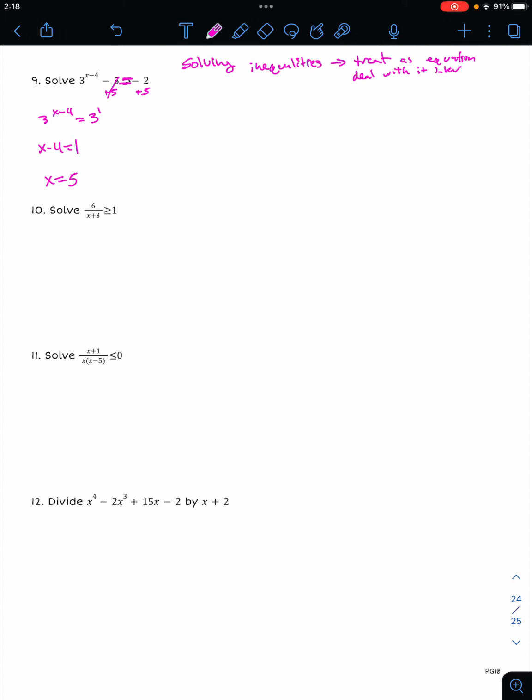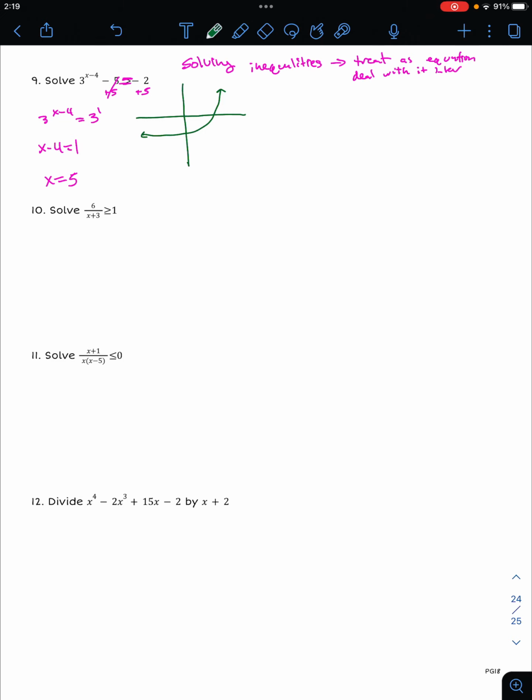Great, but now we need to think about our inequality. So method number 1 here is imagine the graph. 3 to the x minus 4, that's an exponential curve, and it's down 5 relative to the x-axis. I'm just taking some guesses about where it might be, but maybe it looks a little something like that.